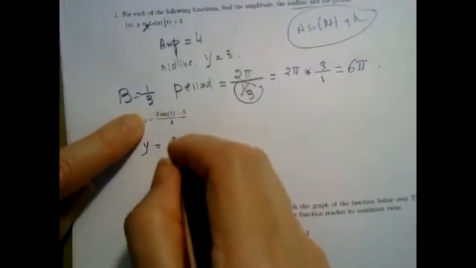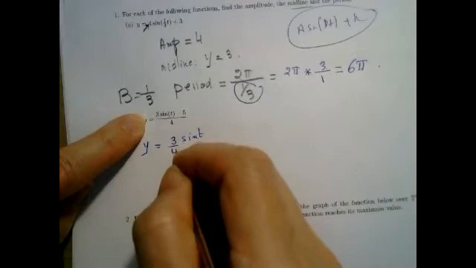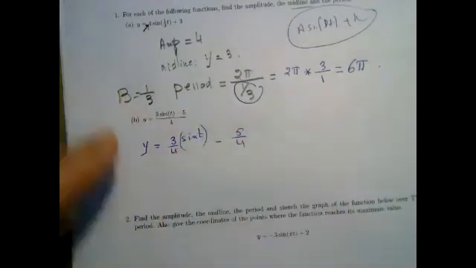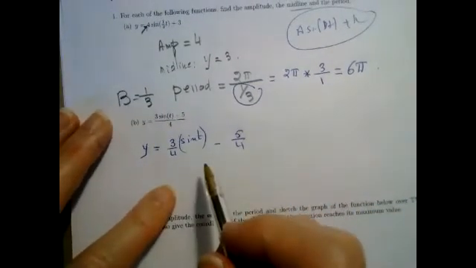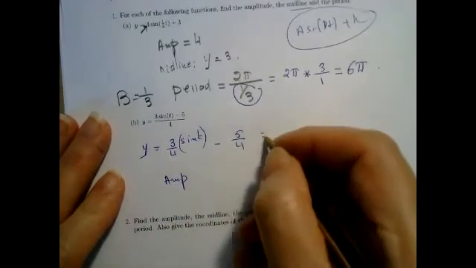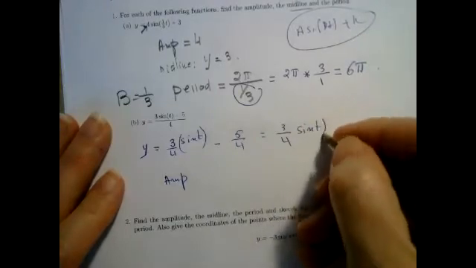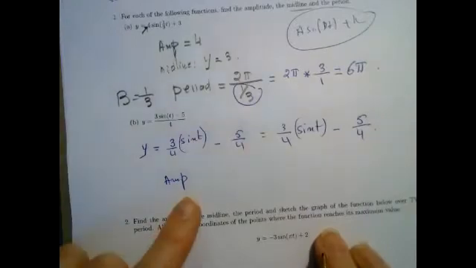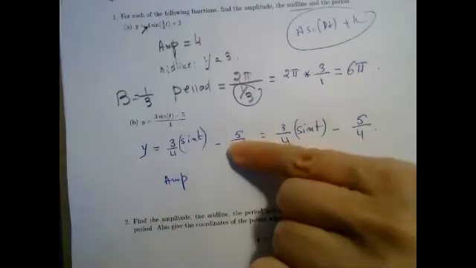So I'll rewrite it in a clearer way, sine t minus 5 over 4. Okay, one of the mistakes is that some students did not divide across by 4.